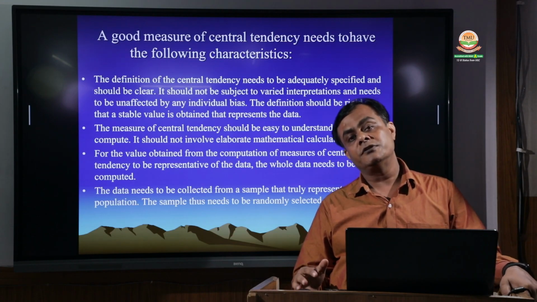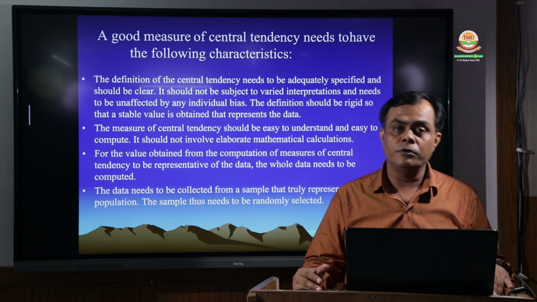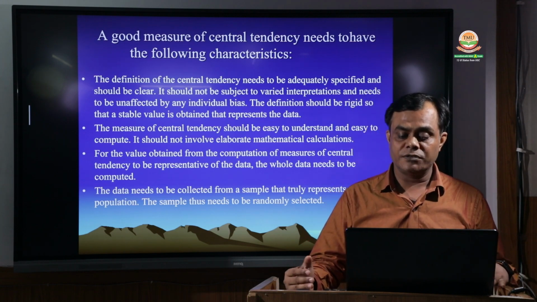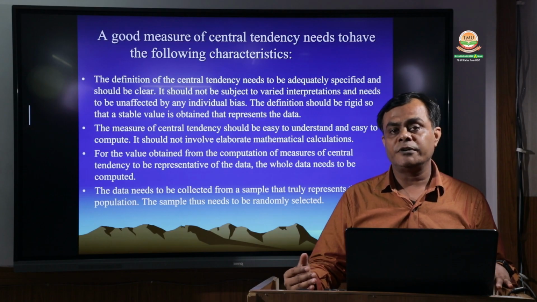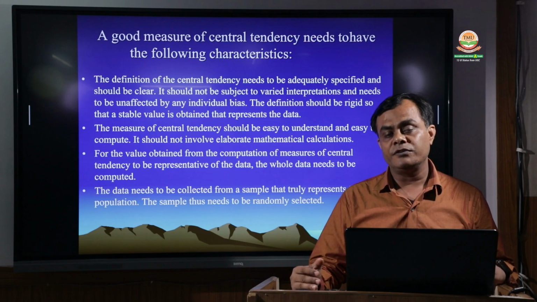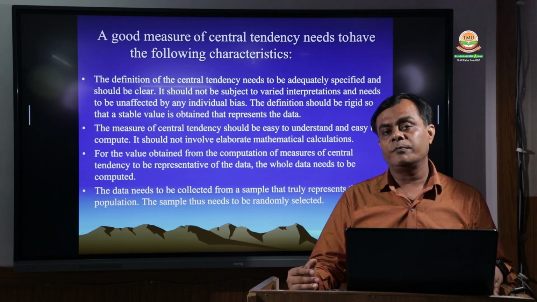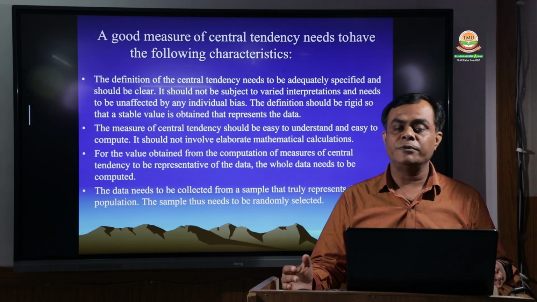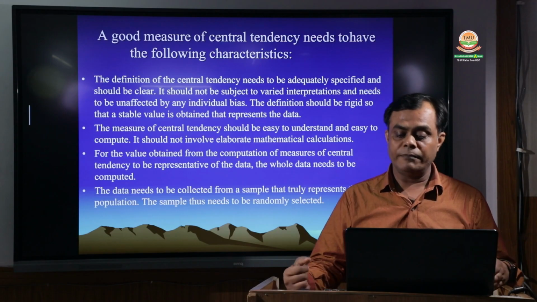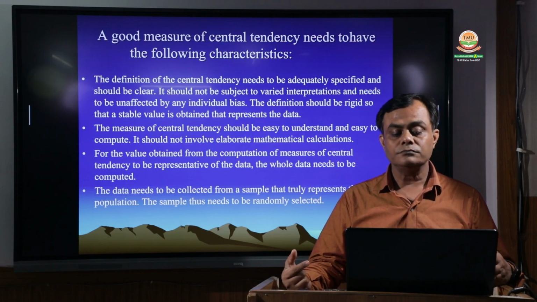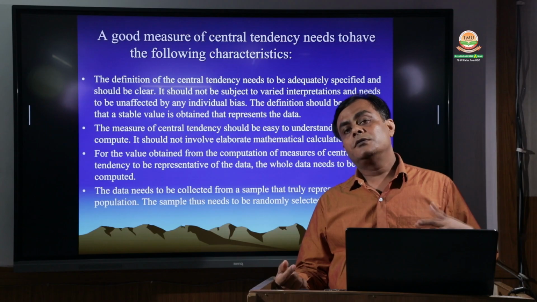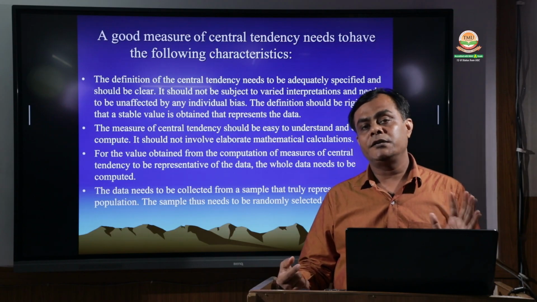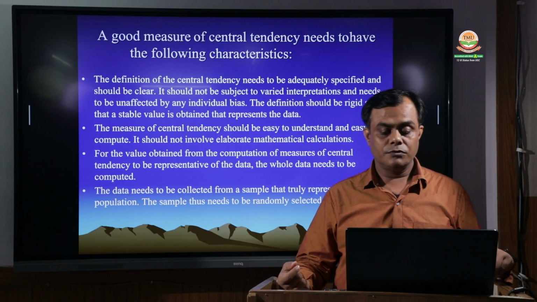It does not involve complex or elaborate mathematical calculation. It is very simple calculation, and a significant number of people can do this kind of mathematical computation; they just need an idea of division.